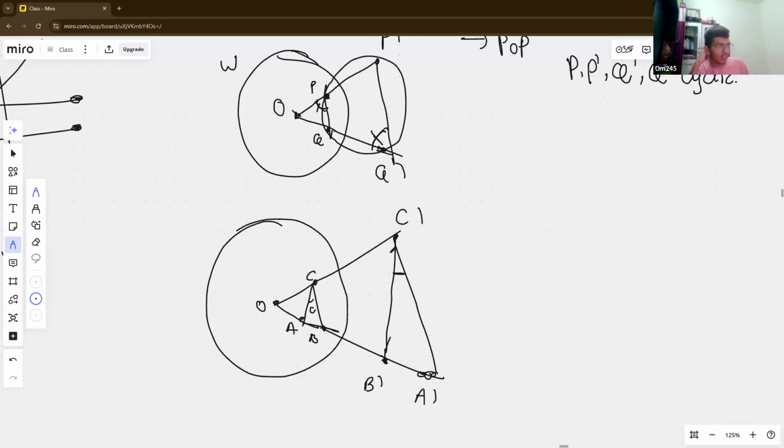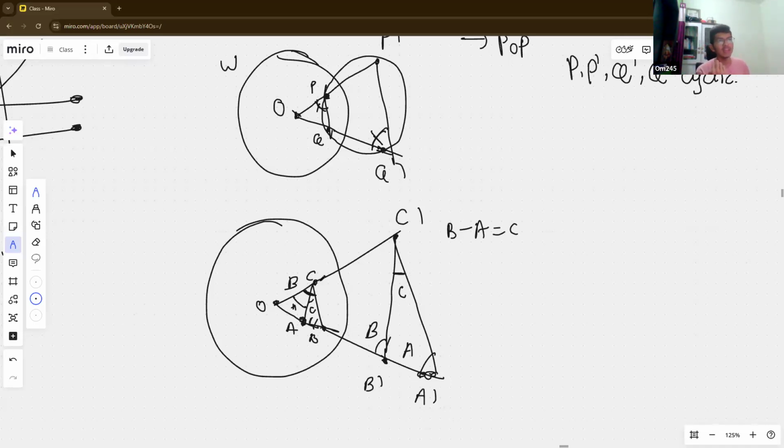So what we can say is, first of all, notice this angle B will be equal to this angle because B, C, B dash, C dash are cyclic. Then, because C, A, C dash, A dash are also cyclic, this angle A will also be equal to this angle A. And as B minus A is C, because of the external angle, this is also equal to C. So if you invert with 2 points on the same segment, the internal angle C remains the same.